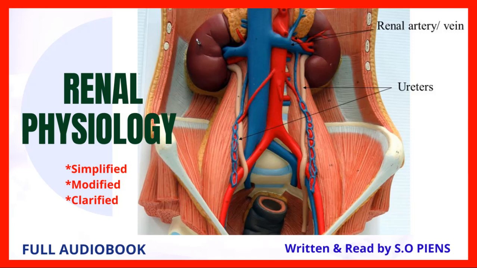So now let's continue to the fifth part of the presentation, which is micturition and the micturition reflex. Micturition or urination is the process of emptying or voiding the urinary bladder. The reflex that triggers this process is called the micturition reflex. The bladder receives autonomic innervation of both parasympathetic and sympathetic nerve fibers.